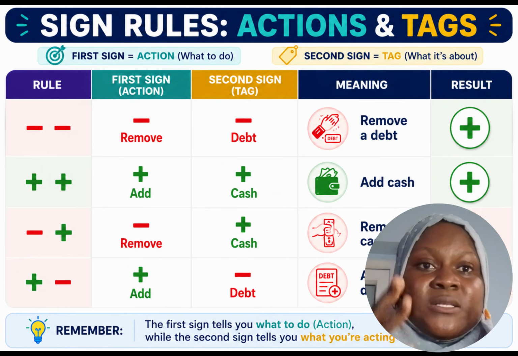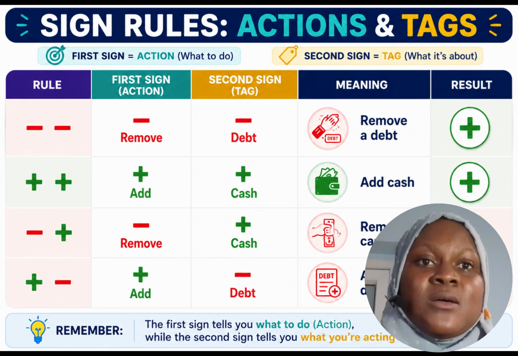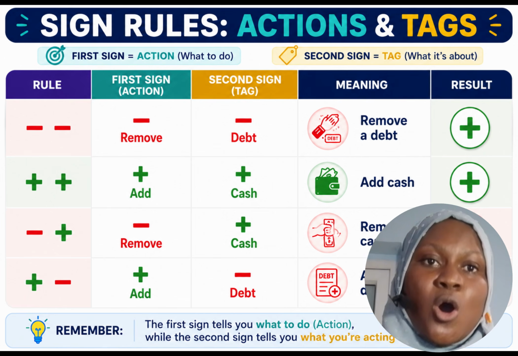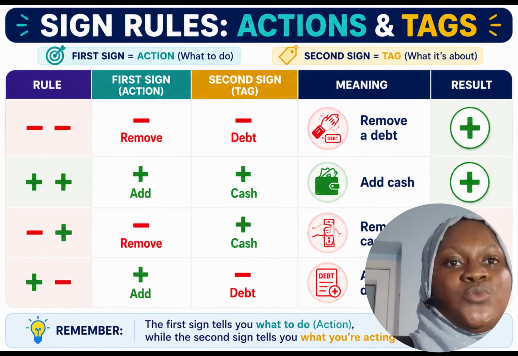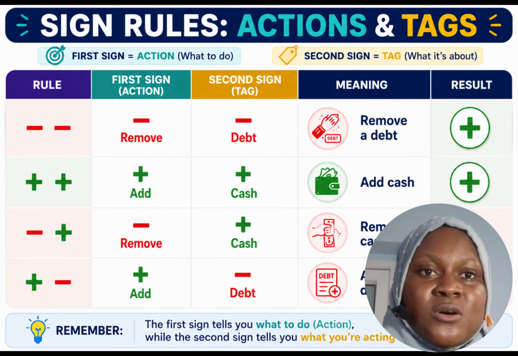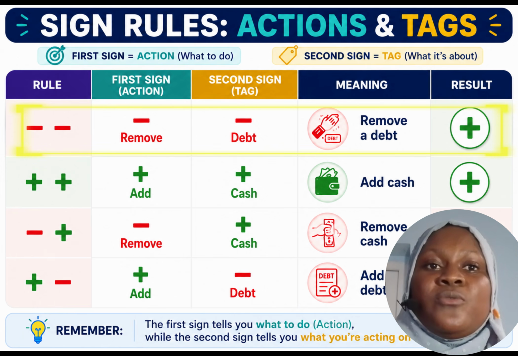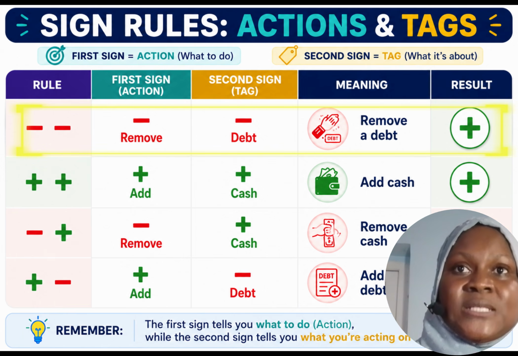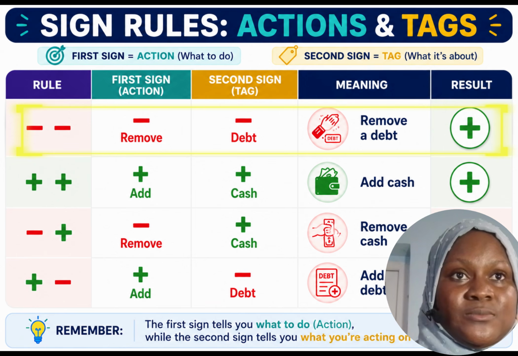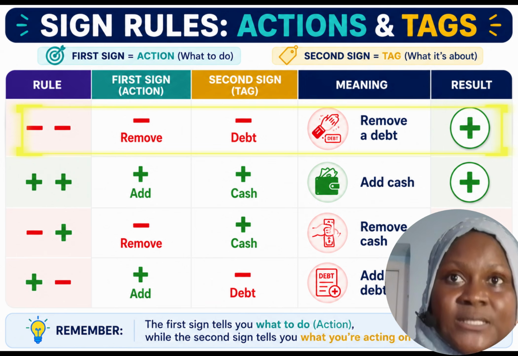Don't forget the concepts. The first sign means action, which tells you to do something on the sign that follows, which is a tag. So the two combinations of signs give a unique interpretation. So you understand that minus minus means remove debts. So think about somebody removing debts for you, that's a gain.